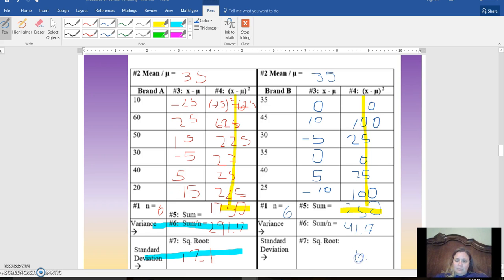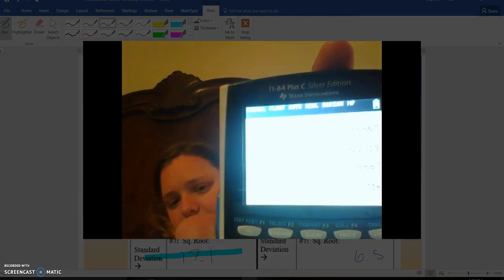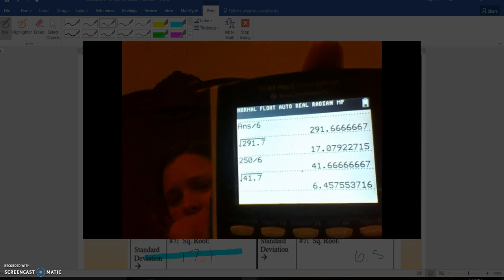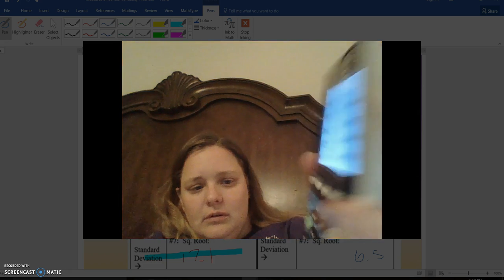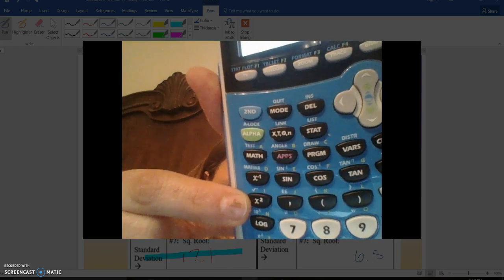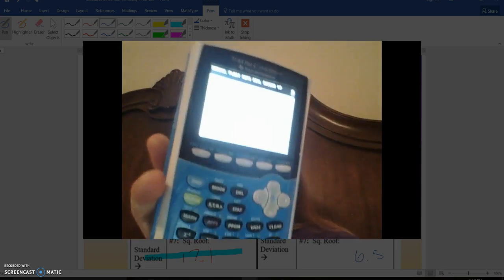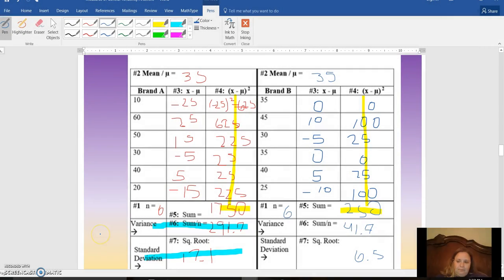I get 6.45, that's really 6.5. So you have to do it on the calculator. To get that square root, you're going to press second and then the x squared button.